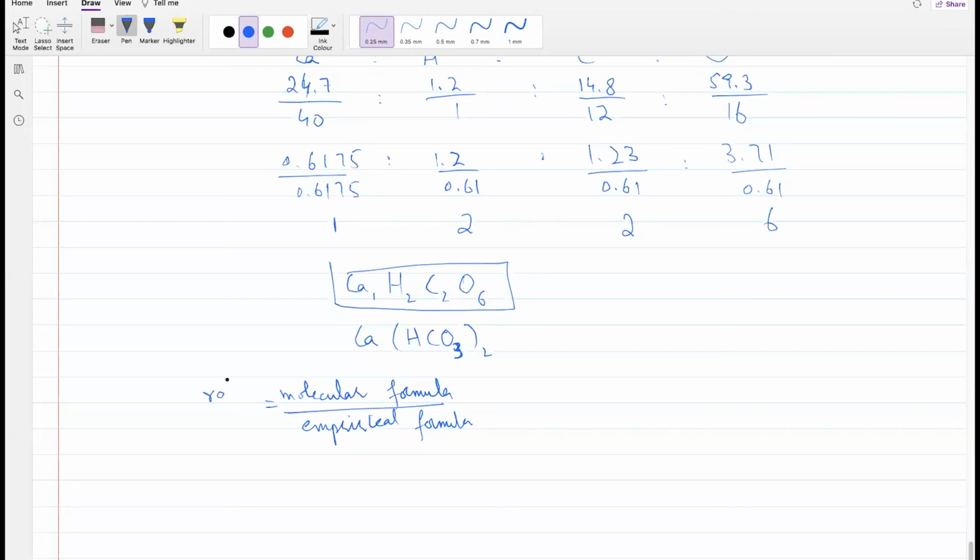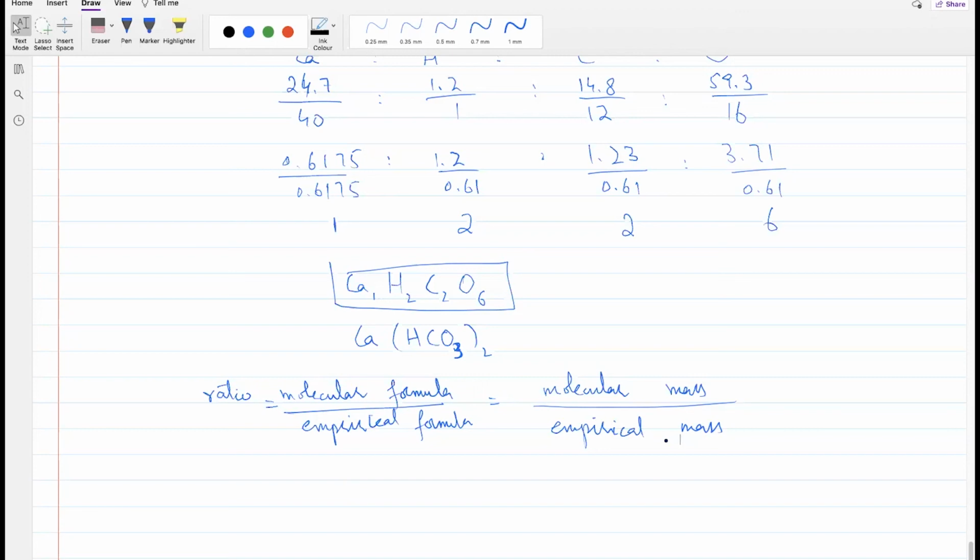That ratio I can call n, let's suppose. And it turns out that is the same as molecular mass divided by empirical mass. What is molecular mass? It is the mass of a compound compared to carbon 12. What is empirical mass? It's the mass of the empirical unit. What comes from the empirical formula, we call the empirical unit. So it is the mass of the empirical unit compared with carbon 12.